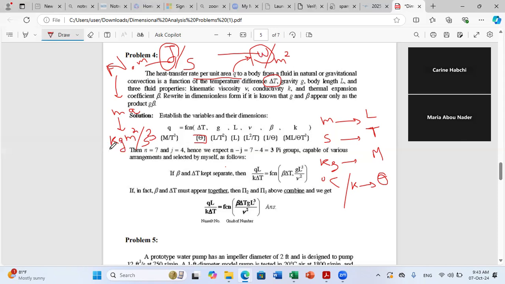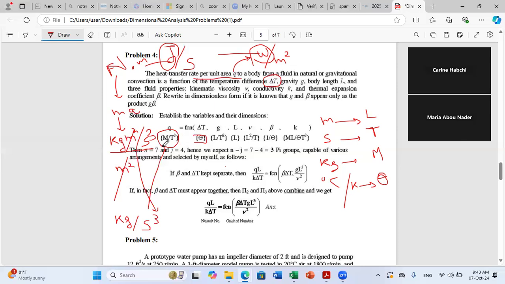So if you divide by meter square, it will cancel out. So you have the unit of Q in your system as kilogram per second cube. So the dimension will be M over T cube. That's why for Q, the dimension is M over T cube.